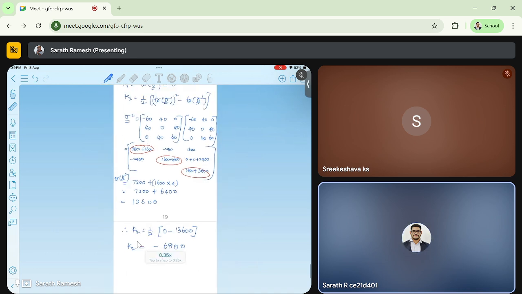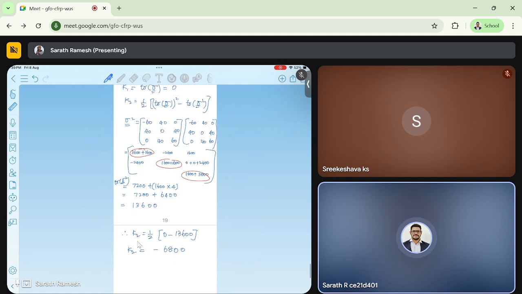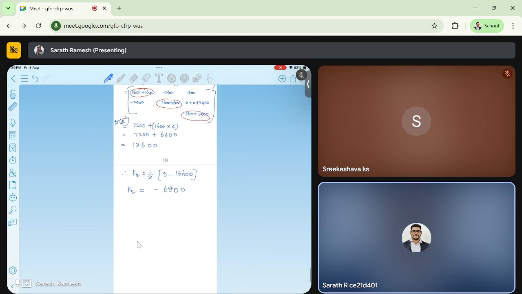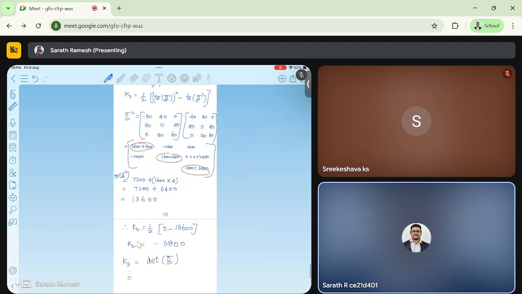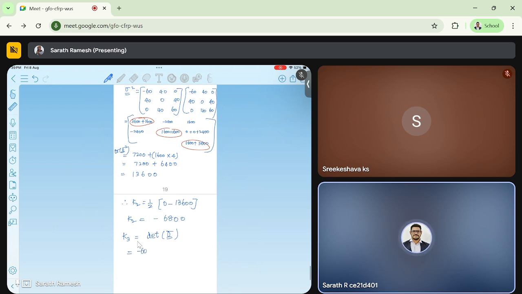Finally, K3 will be the determinant of sigma, the matrix minus 60, 40, 0; 40, 0, 40; 0, 40, 60.